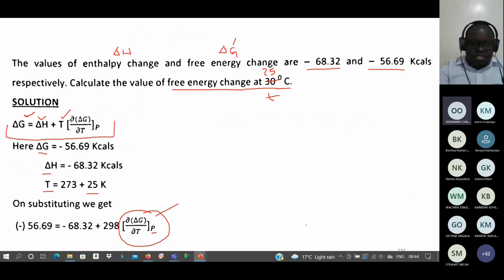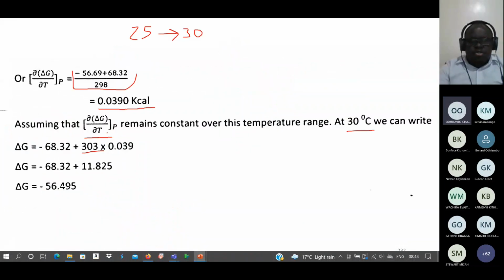from this expression here, we want to find delta G at 30. We know what delta H is. We know what T is at this point, 30 degrees Celsius plus 273. And we know the value of this change in delta G with temperature at constant P. So we put in the values here.